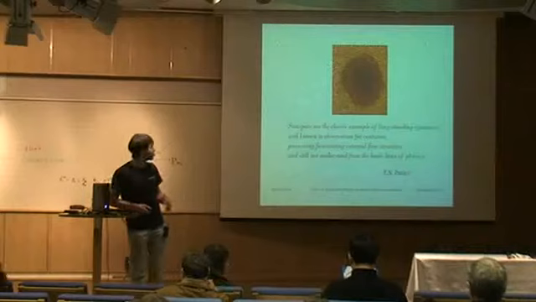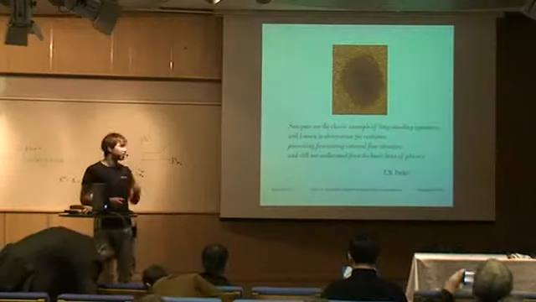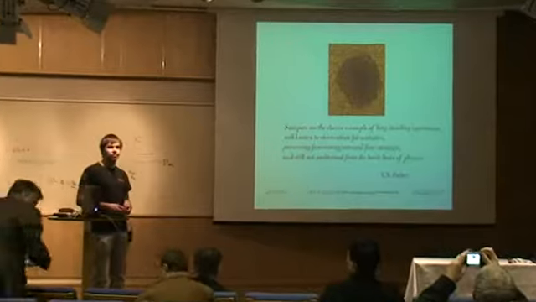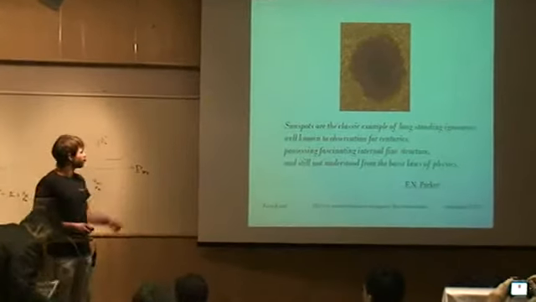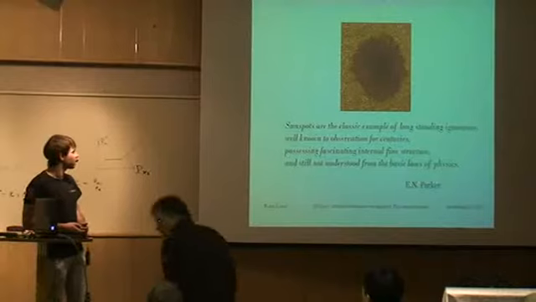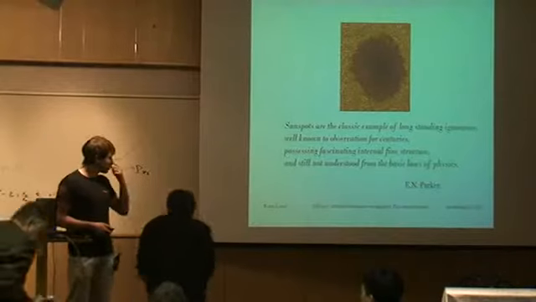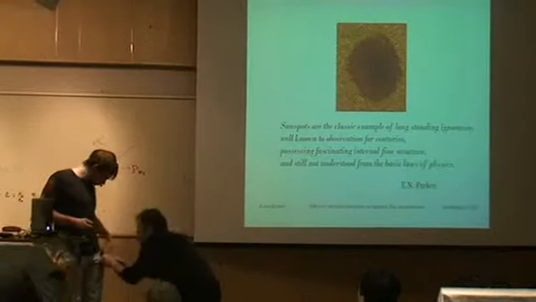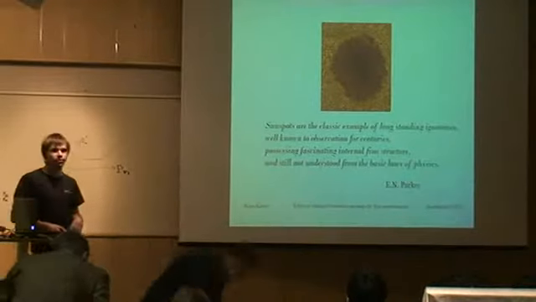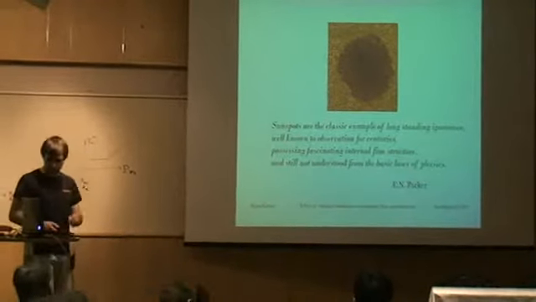First, to sketch the context. Yesterday, Professor Parker announced that there are a few problems left in solar physics. Sunspots are a classical example of long-standing ignorance, well known for centuries, fascinating physics, but still not understood from the basics of physics.